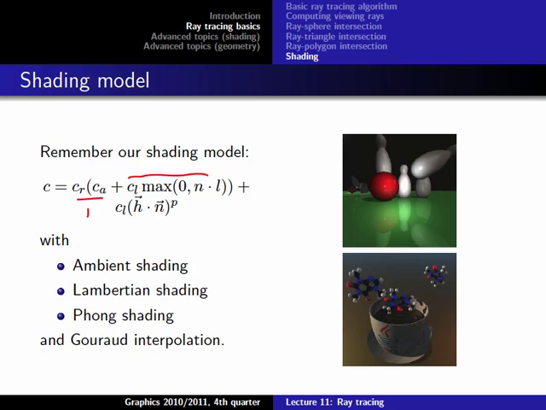And then we had the Phong shading, which deals with these highlights, these blinking highlight spots on, for example, a bowling ball. So these are again examples from last year's ray tracing practicals. And we had, of course, the Gouraud interpolation, where we have the color at the vertices, and then we do a linear interpolation with the color.